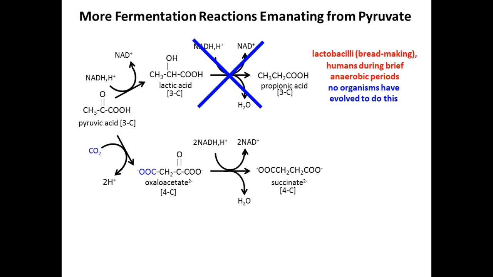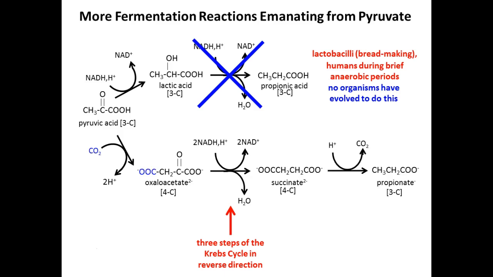And then they convert it into an acid known as succinate. And again, notice these are similar steps to the Krebs cycle. They're using enzymes that are already there, but in a different way. And that's how they form propionate from succinate.